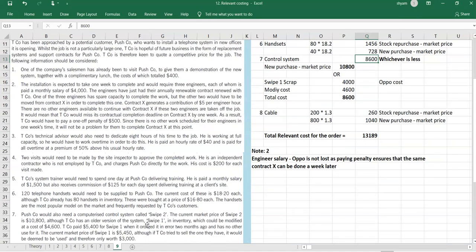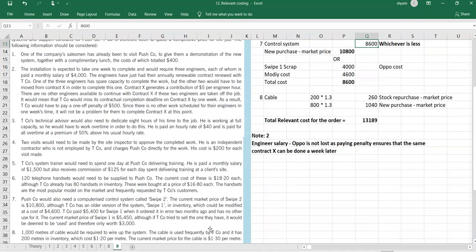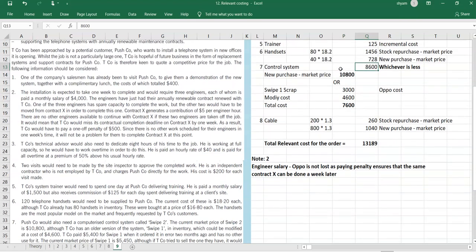If you see here, the scrap value of that swipe one machine is 3000. So I think I put it as 4000. That is another wrong thing. So this will become 7600, and this will also be 7600. Okay, so this is the right answer. So sorry for the small mistakes.